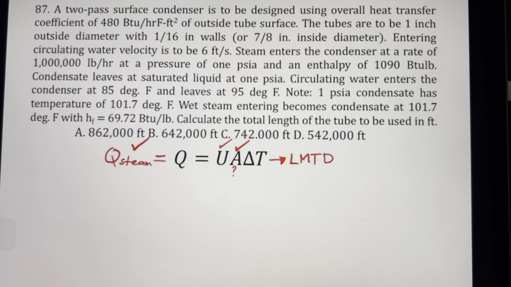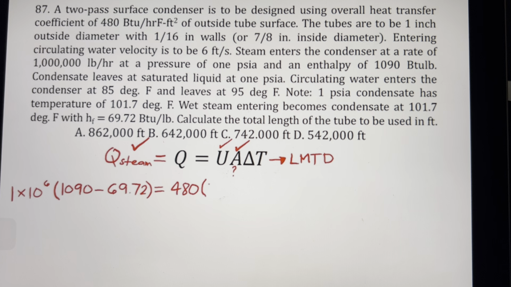Okay, so let's solve that. For our heat rejected by the steam, that is the mass flow of the steam, 1 times 10 to the 6 pounds per hour, multiplied by the change of enthalpy, which is 1090 minus 69.72, is equal to our U, which is 480 BTU per hour Fahrenheit square foot.